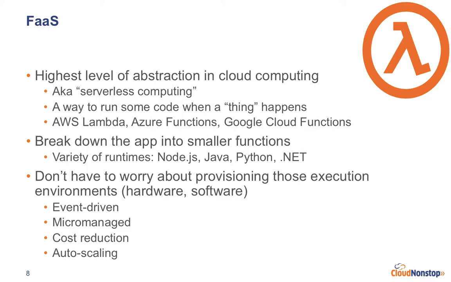And another good thing about the function as a service framework is that you're only paying when those functions are invoked. So if the functions are residing there and they're not being used, you're not paying anything. Which contrasts with the other options in infrastructure as a service or platform as a service, where you need to have the servers up and running, and you want to keep them up and running so that they are available as and when you need them, but you are paying for the uptime, even when they're not being used.